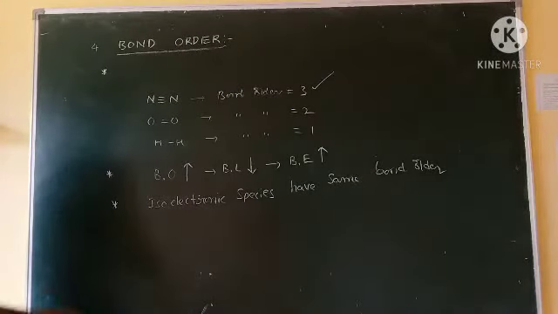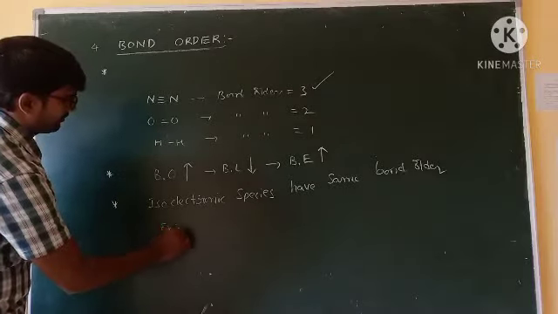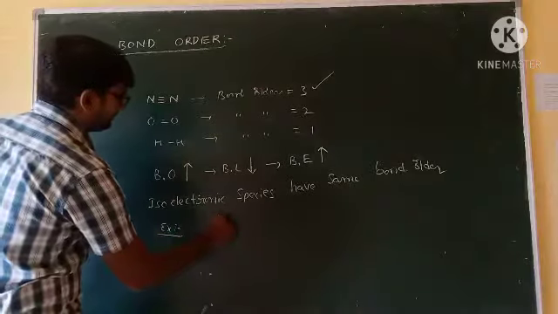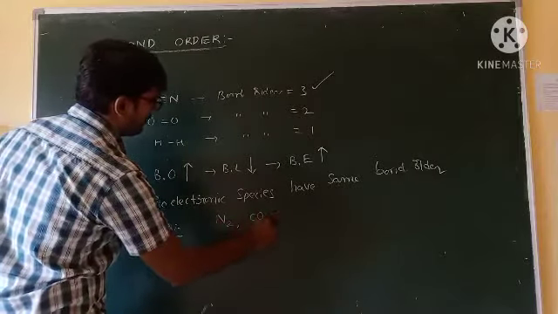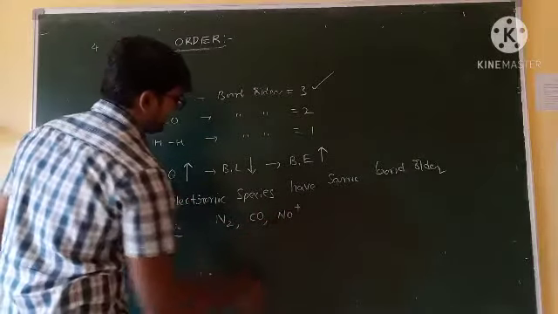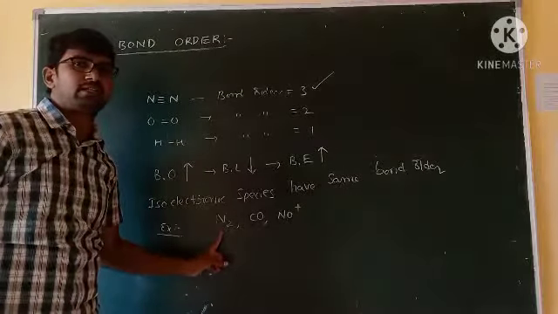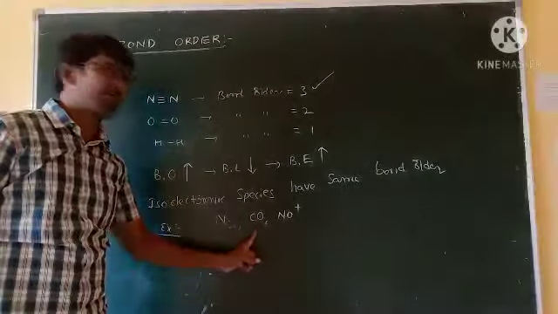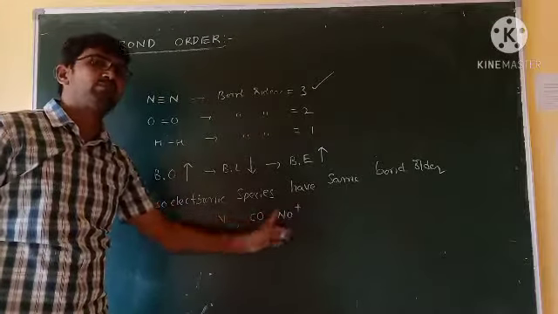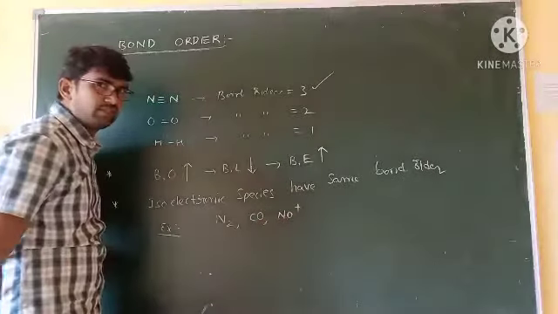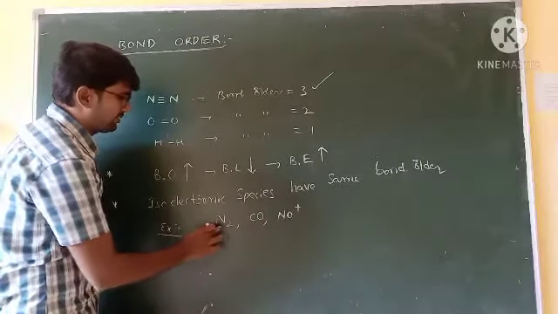See the example for this one: N2, CO, NO+. In these three compounds, the bond order is 3 between the two nitrogen atoms, between C and O, and between N and O+. Why? Because these three species have the same number of electrons.